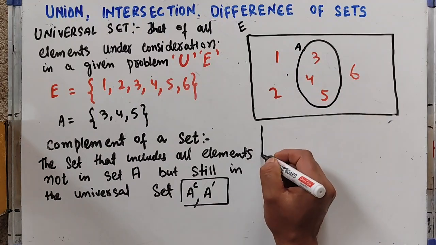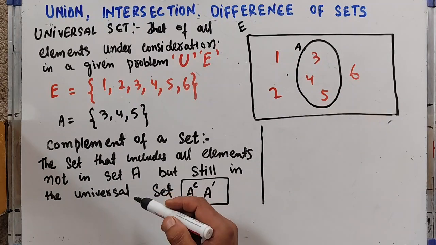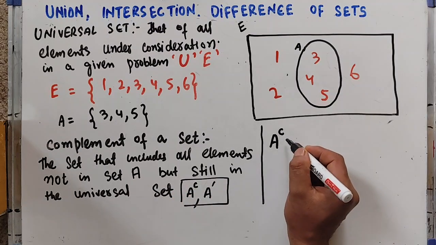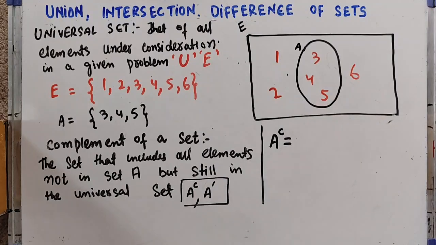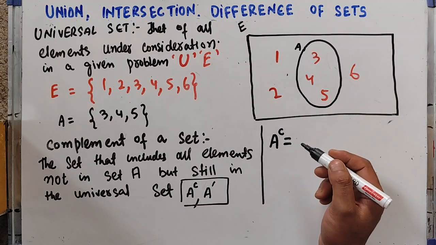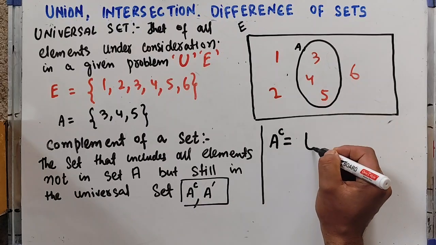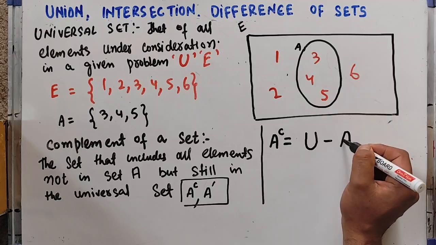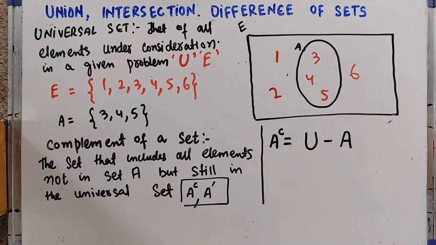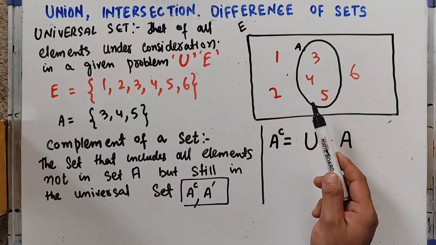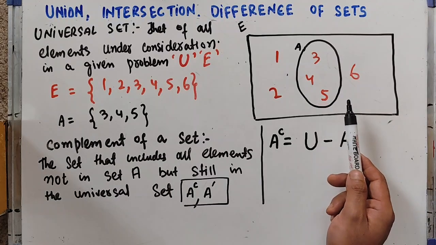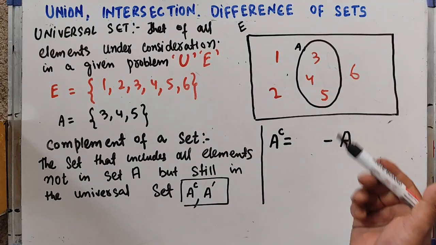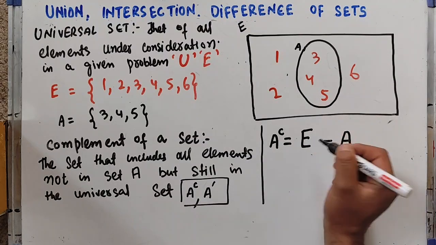Since we need to find the complement, A complement will be equal to the universal set minus the elements present in set A. Simple thing: the set of all elements in a given universal set that are not in set A. Since we denoted the universal set by E, that is denoted by E here also.